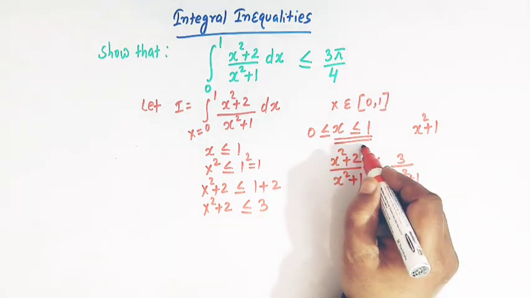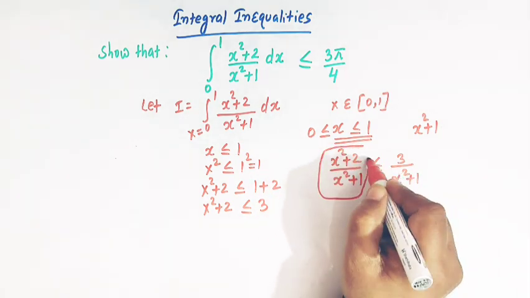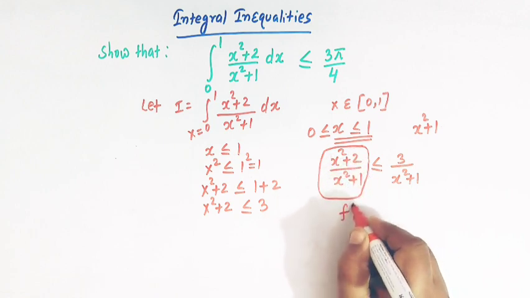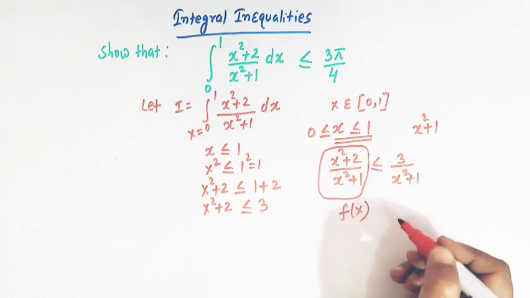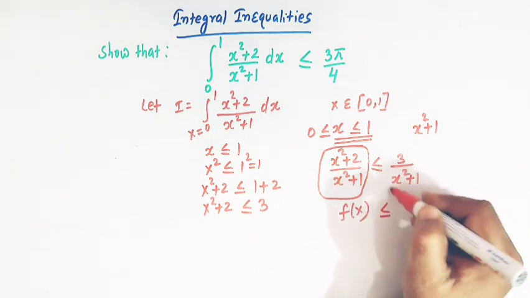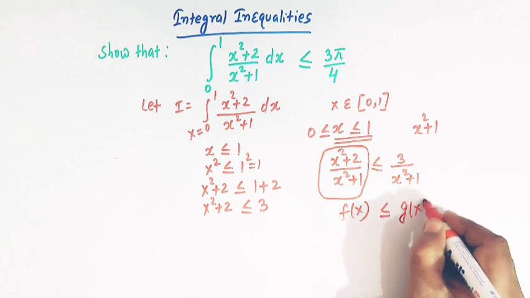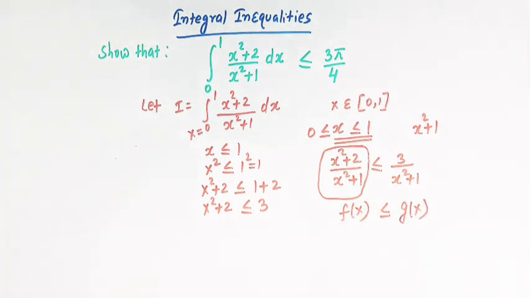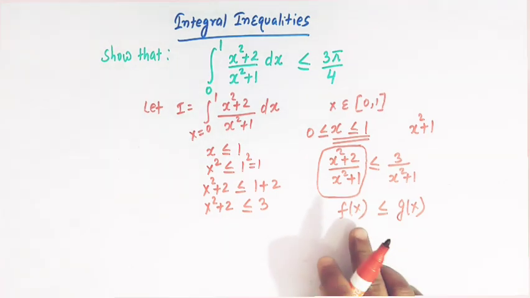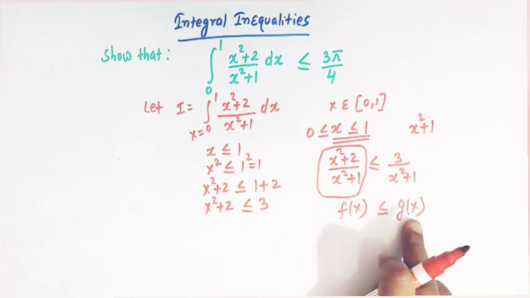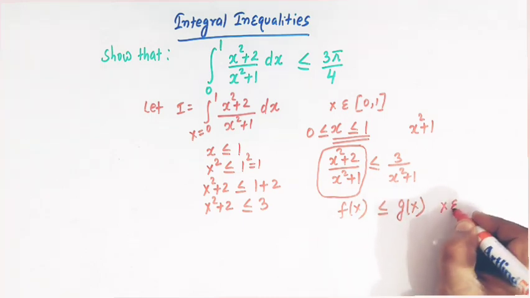Here we have a rational function, which we can denote by f of x, and here also a rational function, let us denote it by g of x. So we have two functions, f of x and g of x, which satisfy this inequality in the interval 0 to 1.